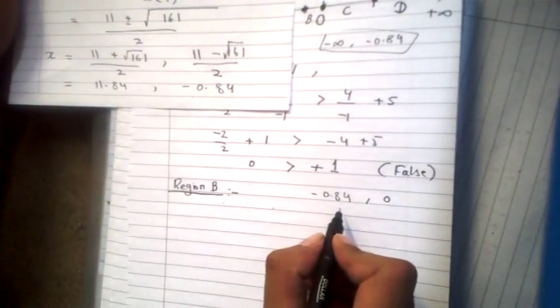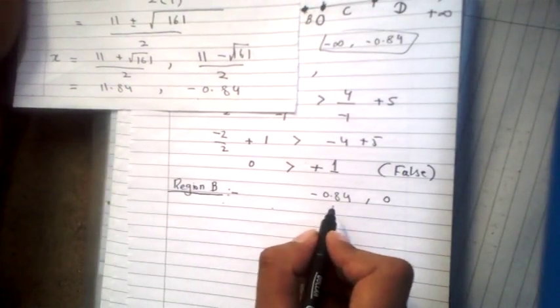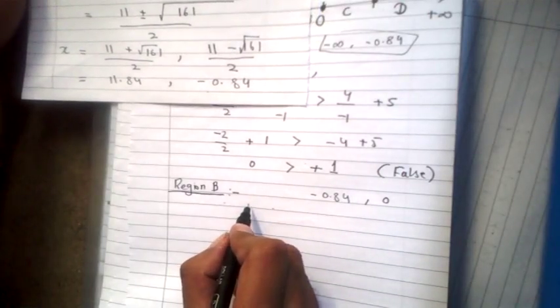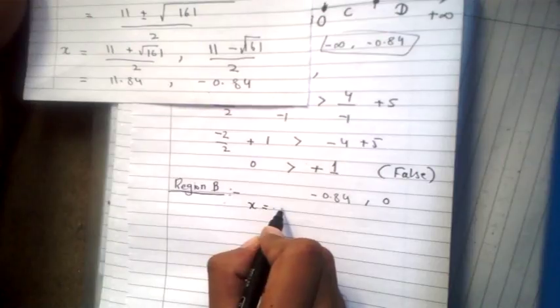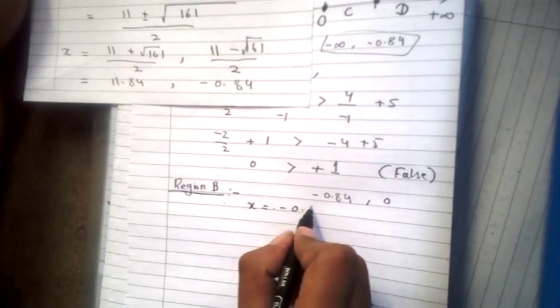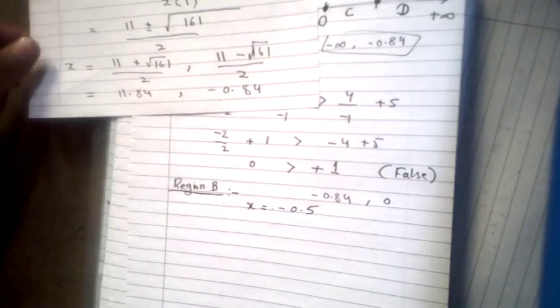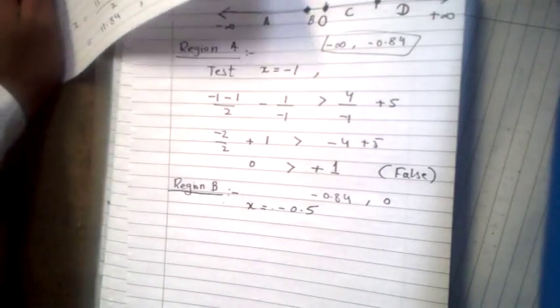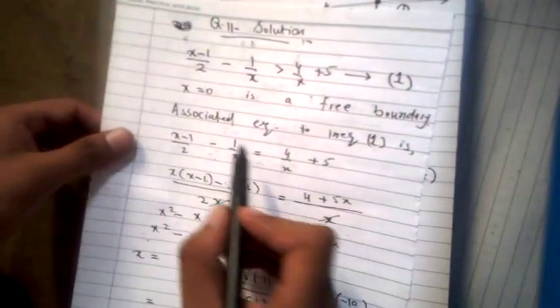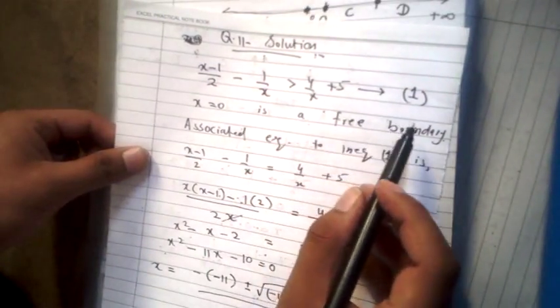This means that we will have to take a point between these 2 points. For example, we can take x is equal to minus 0.5. Now we will put this x is equal to minus 0.5 in this inequality, and we will check if it is true or false.